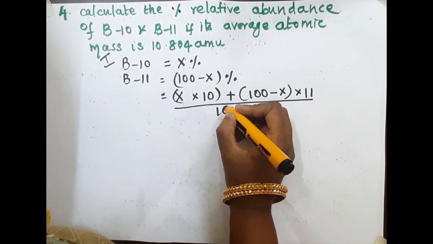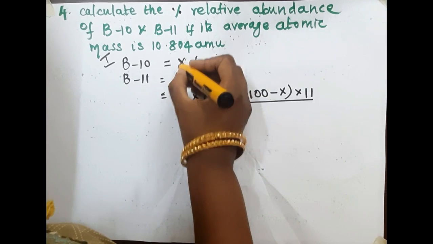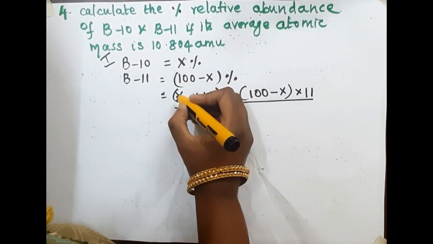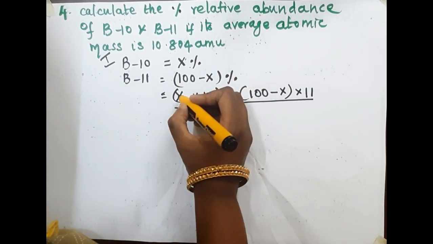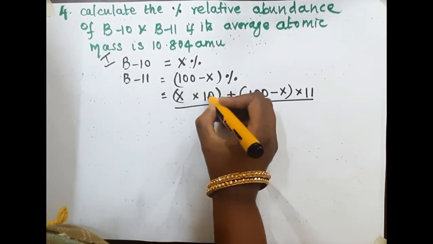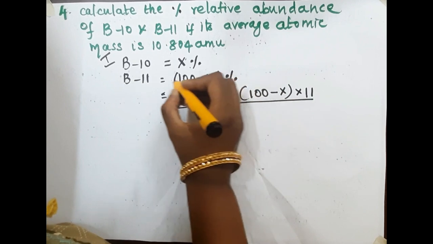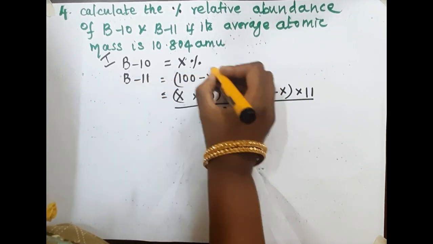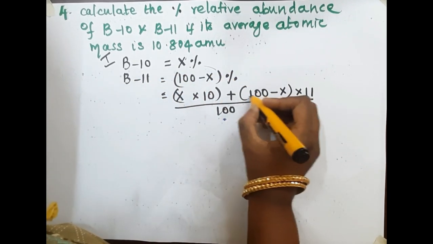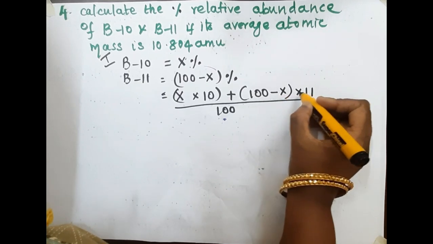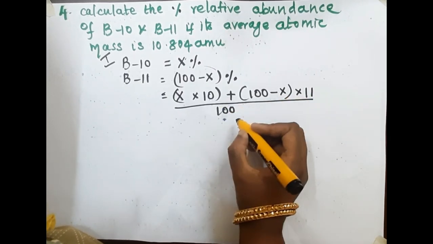Children, let me repeat this formula. First you have to write the abundance. Actually, we don't know the abundance, so we have assumed it as X. X into boron 10, so you write only 10. Plus, what is the percentage of boron 11? It is 100 minus X. So 100 minus X into 11 divided by 100.